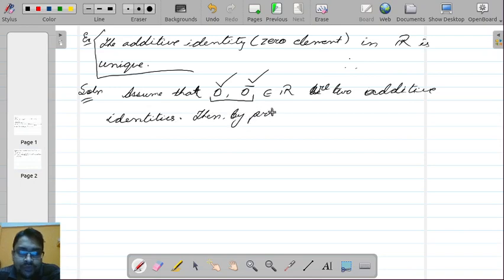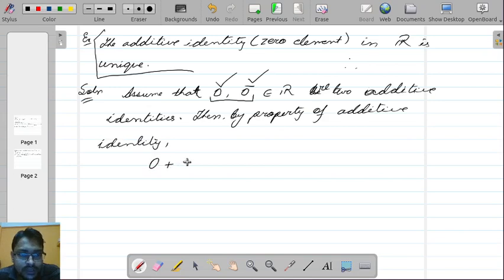property of additive identity, we have 0 plus 0 bar. Let us take 0 bar as the additive identity.